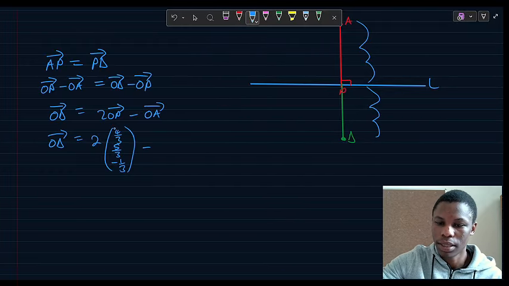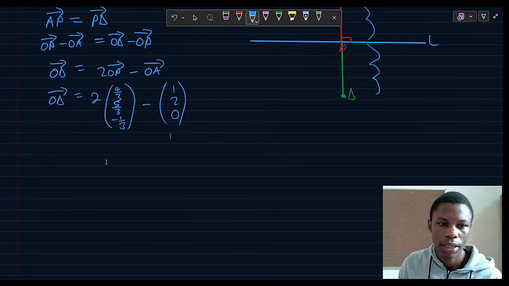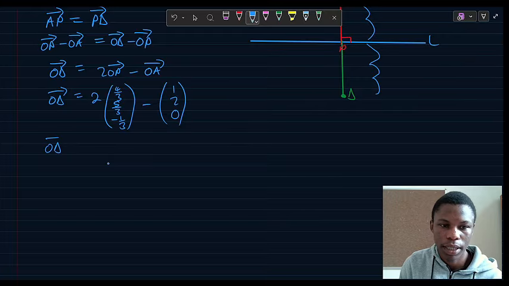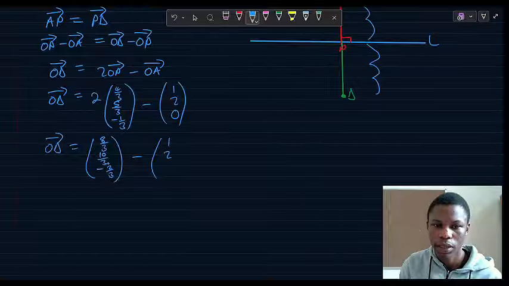OA was 1, 2, and had 0 for the K component. Okay, let's simplify this. Multiply through by 2, you're going to get 8 thirds, 10 thirds, and negative 2 thirds, and we are subtracting our 1, 2, 0.